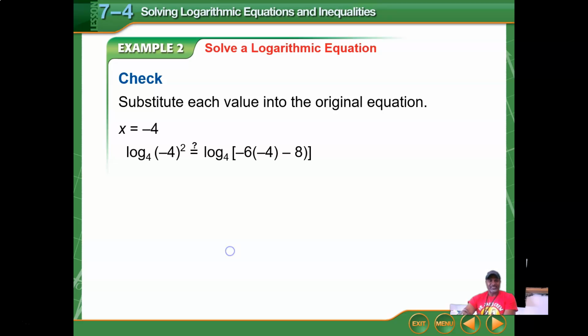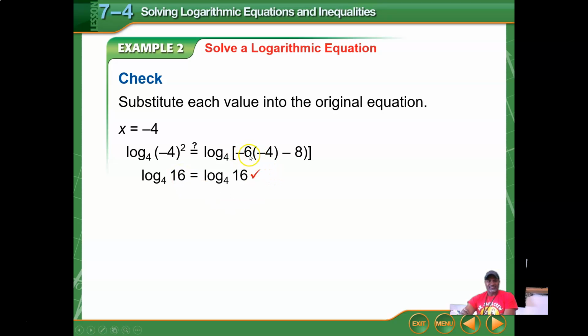So we substitute x equals negative 4 in for x. Let's simplify. Negative 4 to the power of 2 is 16. The log base 4 of 16, we know that's 2.